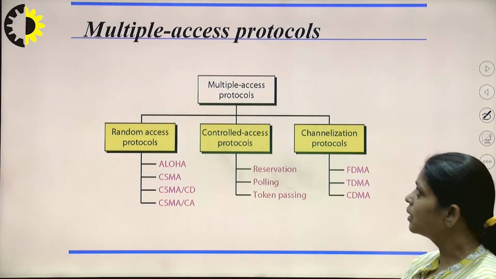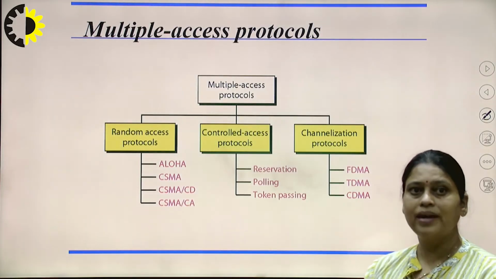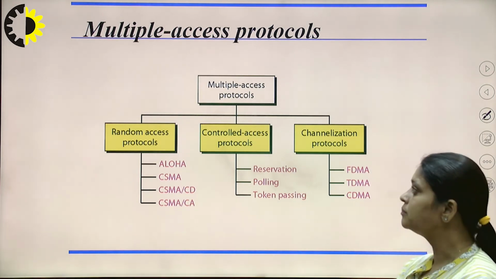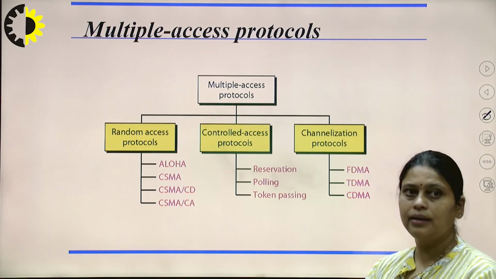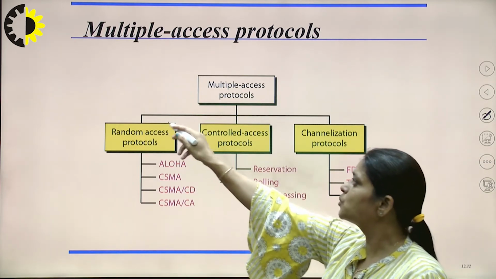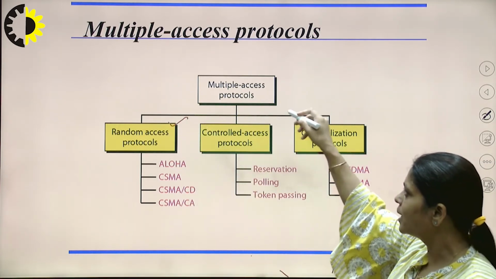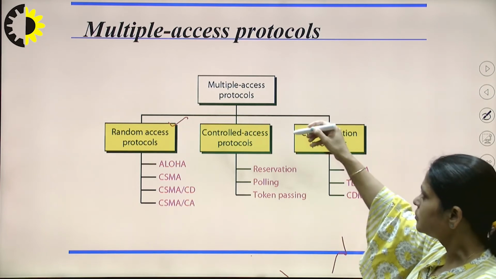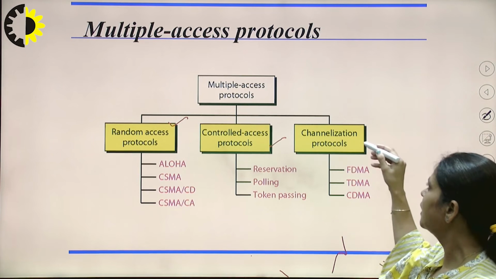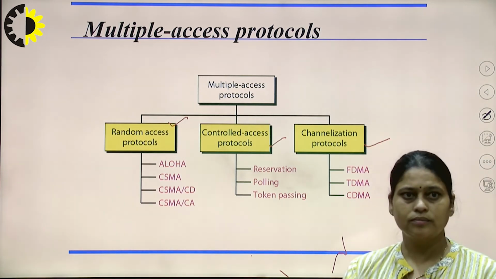So these are various multiple access protocols. Basically, these are divided into three categories. One is the random access protocols, second is the controlled access protocols, and third is the channelization protocols.